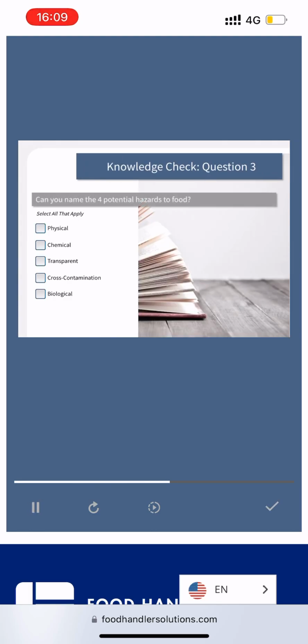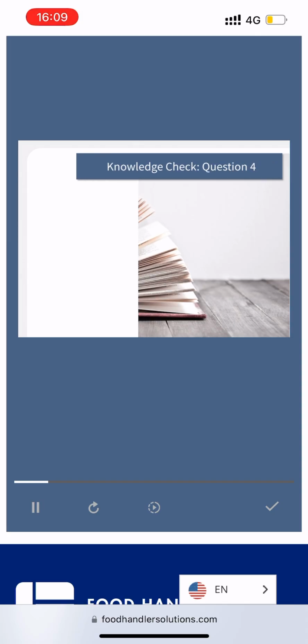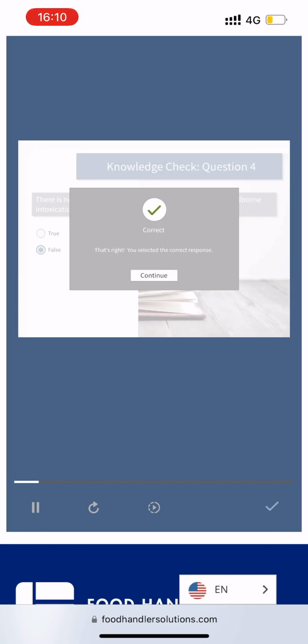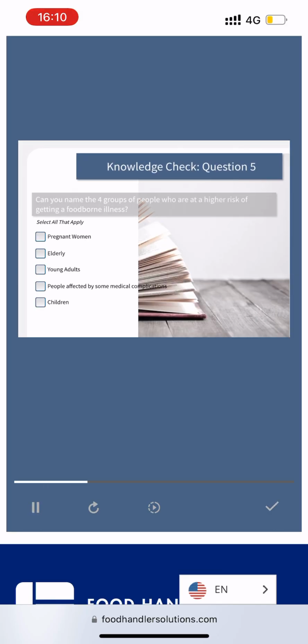Can you name the 4 potential hazards to food? There is no difference between a foodborne illness and a foodborne intoxication. True or false? Can you name the 4 groups of people who are at a higher risk of getting a foodborne illness?